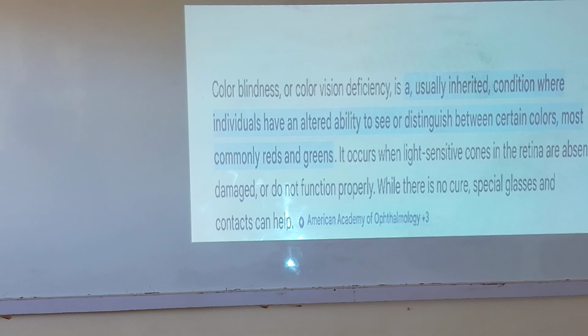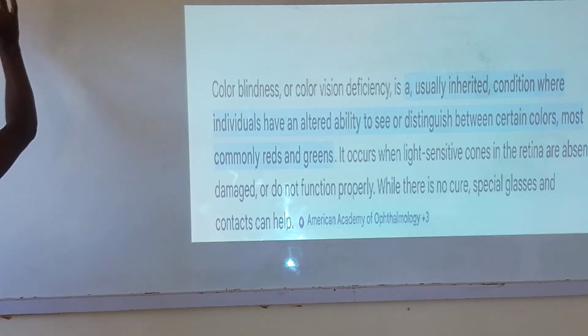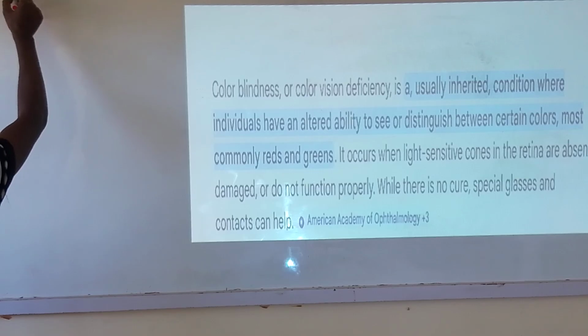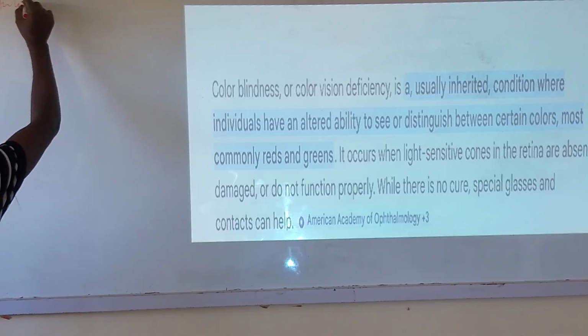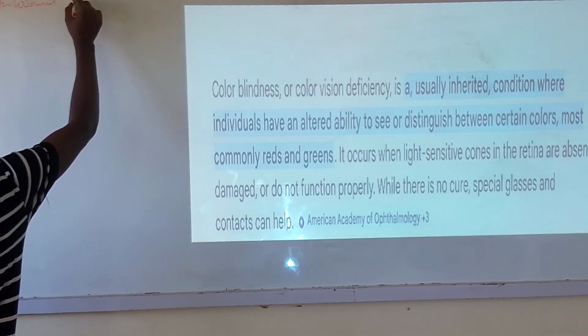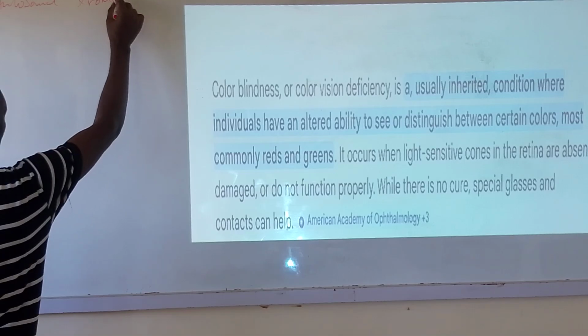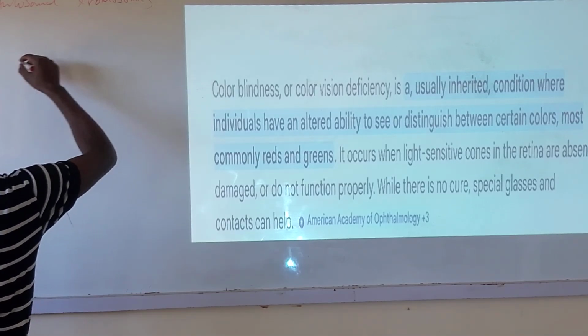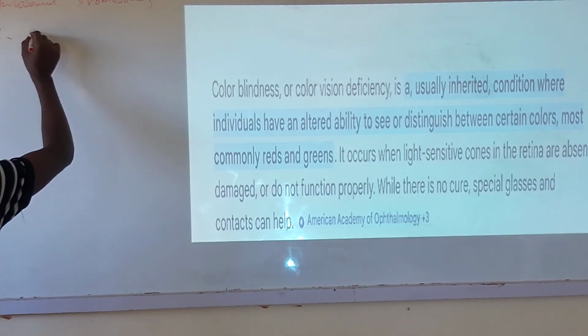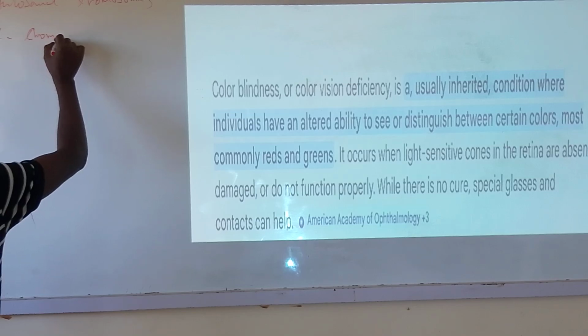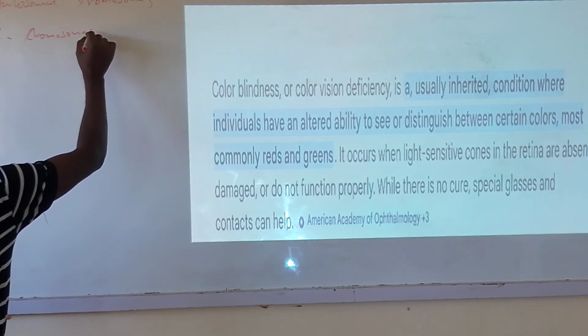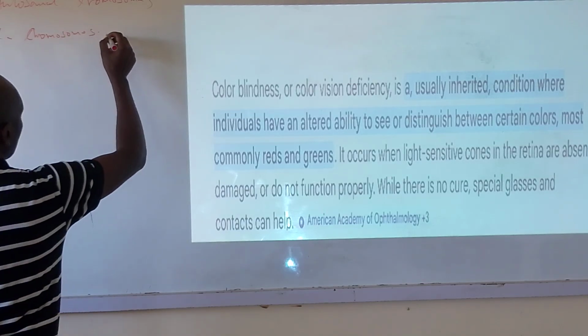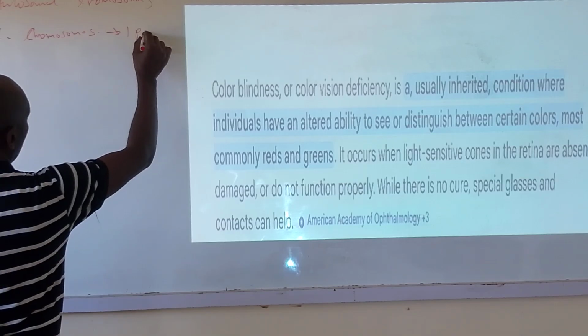So I take you back to the chromosomes. We have two classes of chromosomes. We have autosomal chromosomes, and we have X chromosomes. So for X chromosome, it's just one pair.